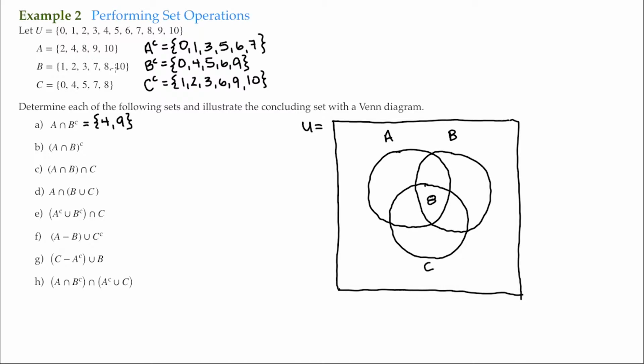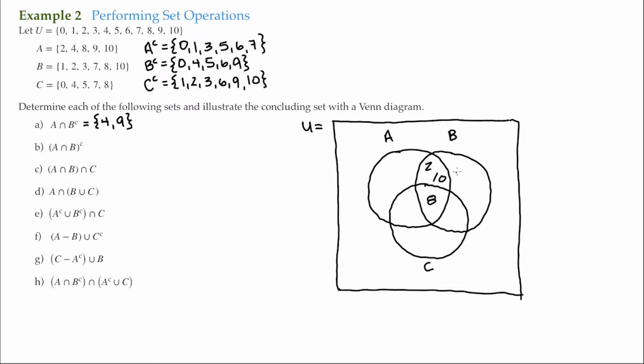I've got an 8 here and an 8 here, which is this 8 right here. And then I've got a 10 and a 10. So those are going to go out here. 2, 8, and 10. So as you can see, that's the intersection of set A and B: 2, 8, and 10.